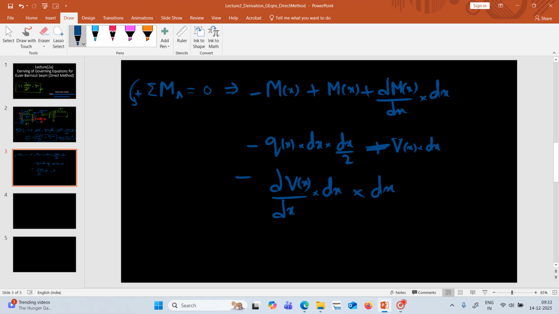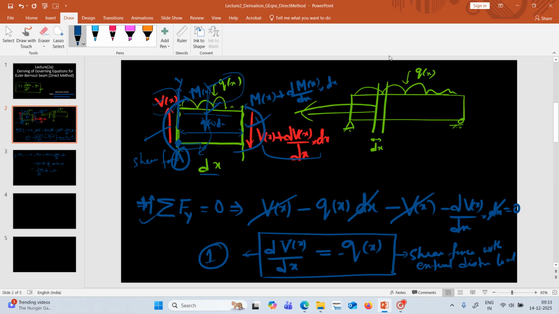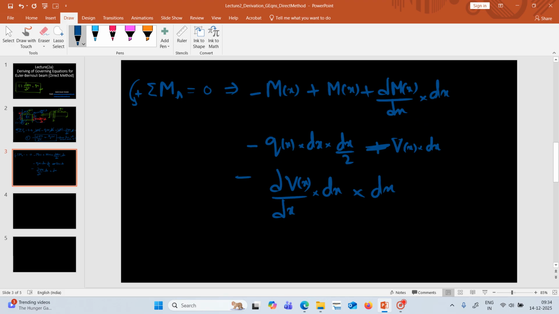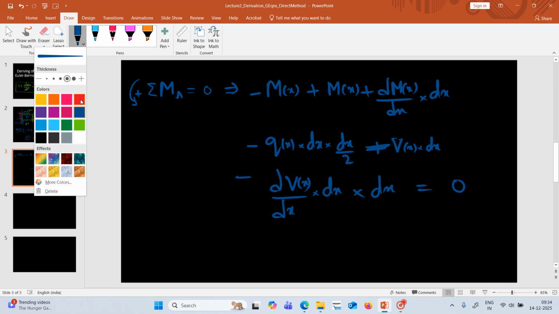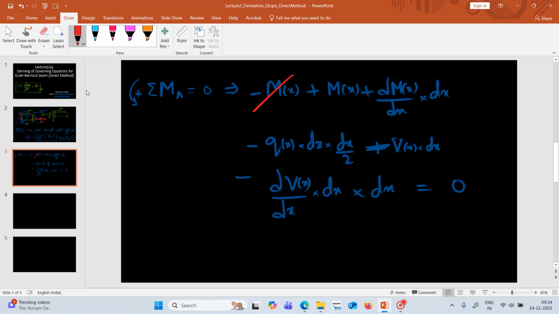That is what we have, and now that all should equal 0. So now minus M(x) and plus M(x) get cancelled.